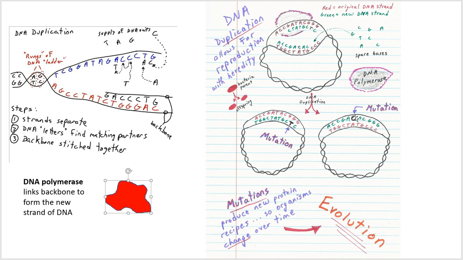And what that means is that you're changing the sequence of the DNA letters. And if this is the recipe for building a protein, that can affect the amino acid at that location and possibly the shape and function of a protein. So mutations produce new protein recipes, and this gives organisms the ability to change over time, and we call that evolution.